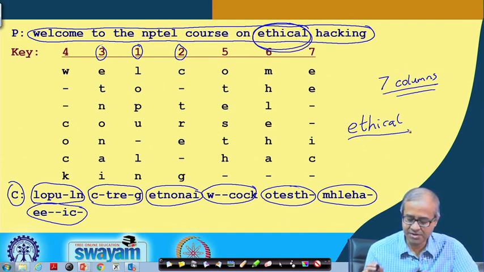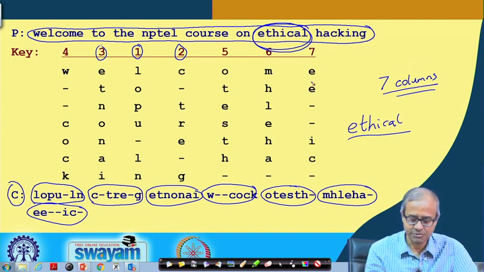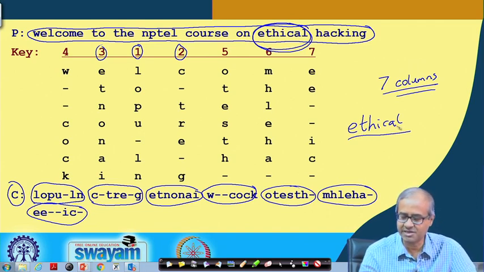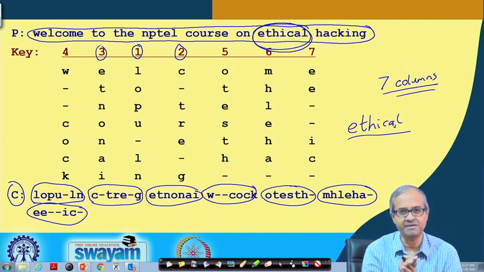Now, here we will try to find out how these ETHICL letters are coming. They will be coming with some gaps. Here I have 7 columns, so they should come with a gap of 7. You will have to see whether these letters are all coming in gaps of 7, but their orders are slightly different.